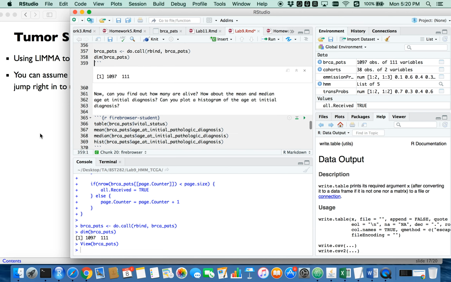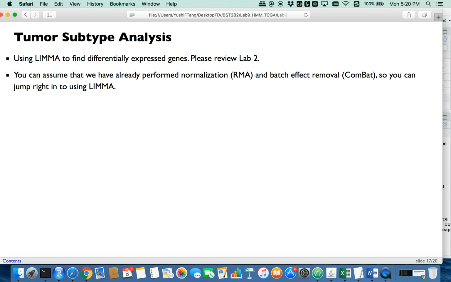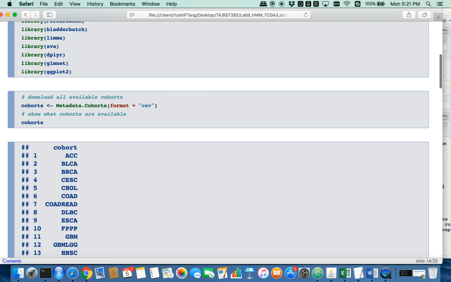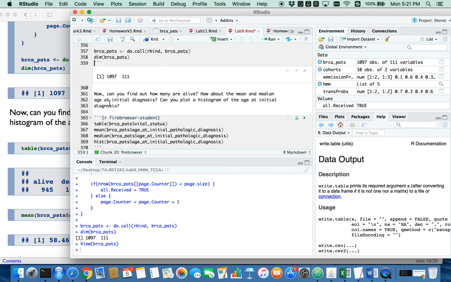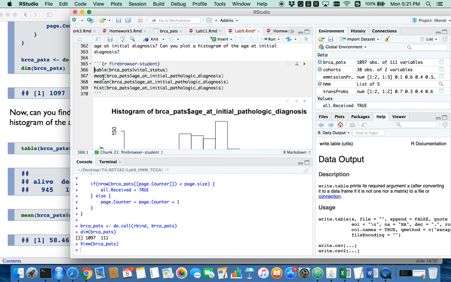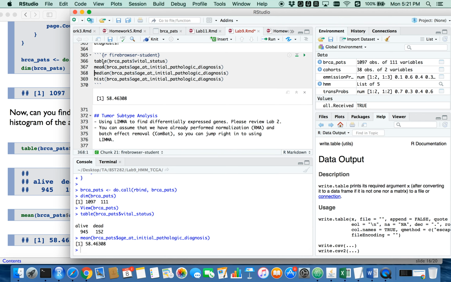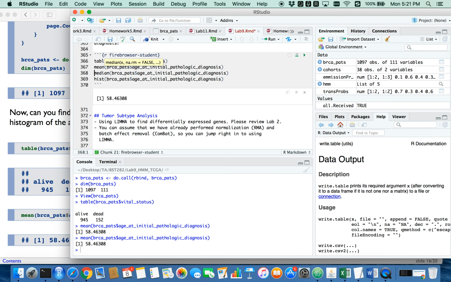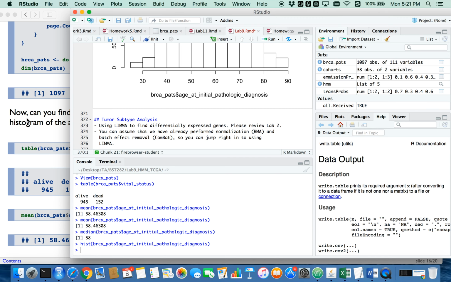If you want to answer questions such as how many of these patients are alive, and also get a hint about the actual age distribution, we can calculate the percentage of deaths and living patients, and also calculate the age mean and median value, and also the histogram of the patients' age.